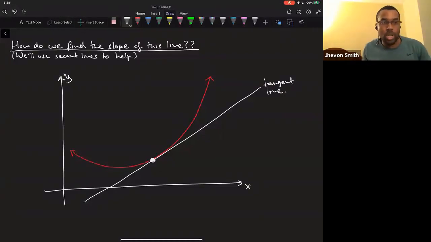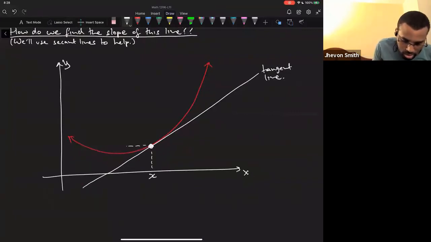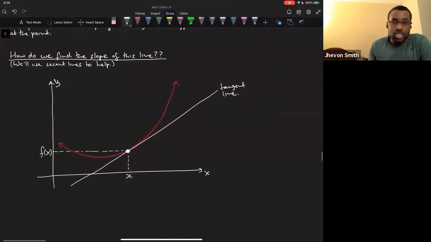But I don't really know anything about that line, and I can't really know anything about that line because I only have 1 point. Let's call that point x and f of x. So that's all I know, this point. And that's not good enough.